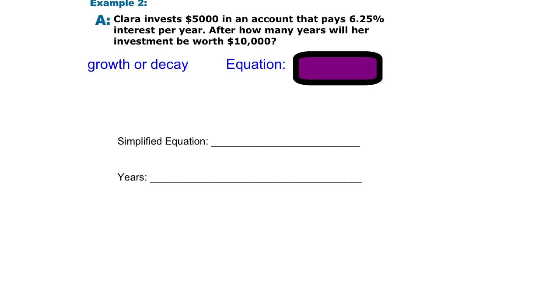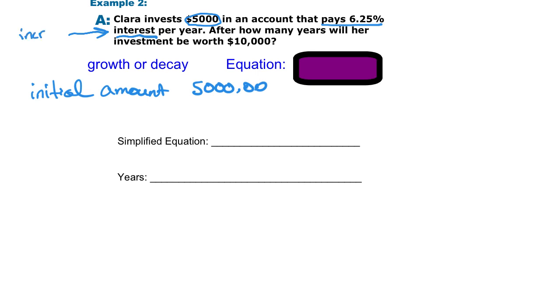So, in this problem, Claire's going to invest $5,000. So the initial amount that she's going to start with is $5,000. My strategy for word problems is to write things down as I go. It paid 6.25% interest every year.